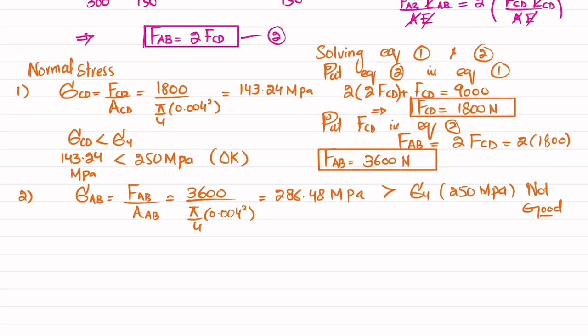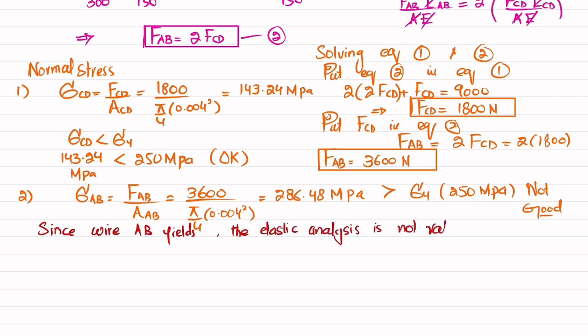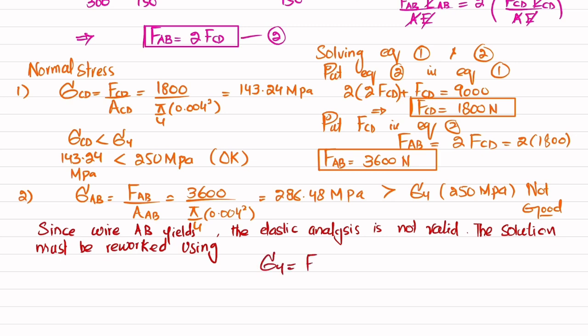So I will write it: since wire AB yields, the elastic analysis is not valid, and the solution must be reworked. How will you rework it? We know that yield stress is equal to force divided by area.